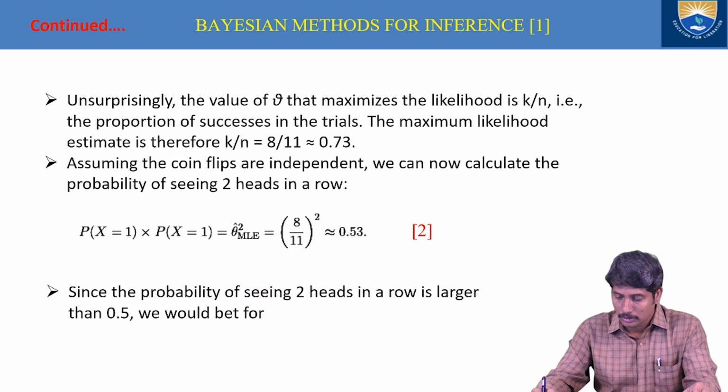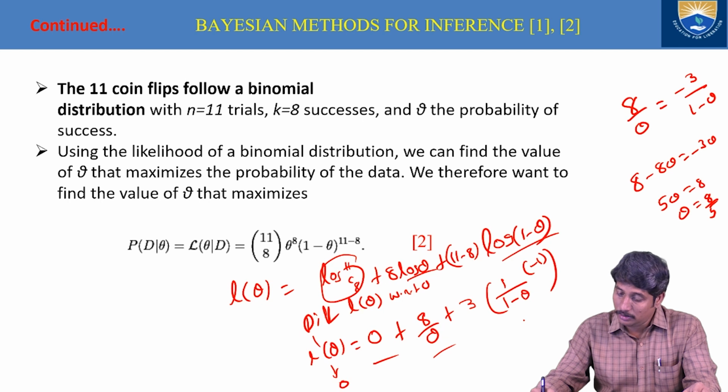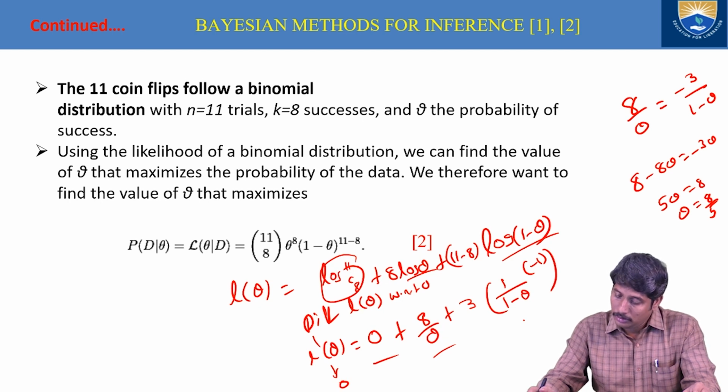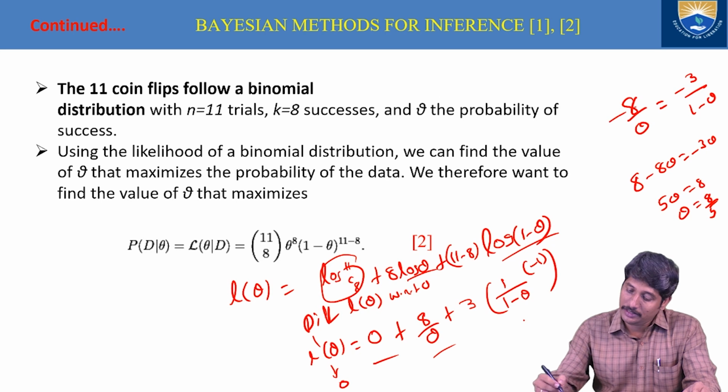Sorry, one minute. What is the derivative? The derivative of 1 is 0, minus 1 by 1 minus theta. Oh yes, I understood. It's 8 by theta equals 3 by 1 minus theta, so 8 minus 8 theta equals 3 theta.